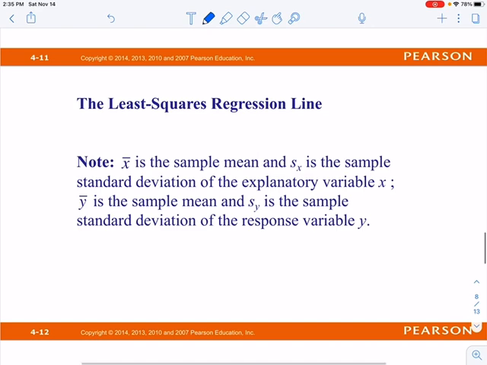Everything I just said out loud is now written on this slide. x bar is the sample mean, s sub x is the sample standard deviation of the explanatory variable x, y bar is the sample mean, and s sub y is the sample standard deviation of the response variable y.